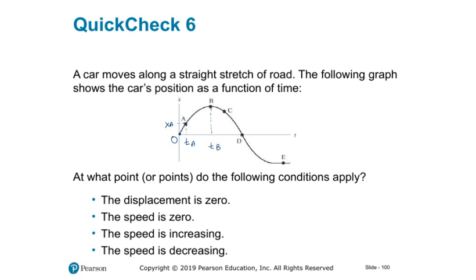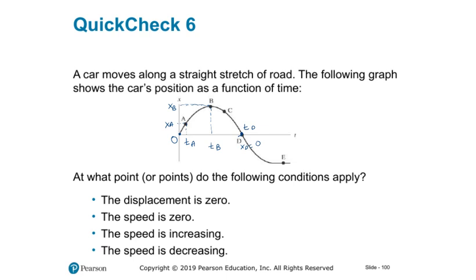At A, this is the t value, let me call this ta. And this is the x value, xa. It has a positive position at point A. And I can keep following like that. I can define the time and position at any point I see on this graph by drawing lines to the x and t axes and seeing where they hit the axes, right?